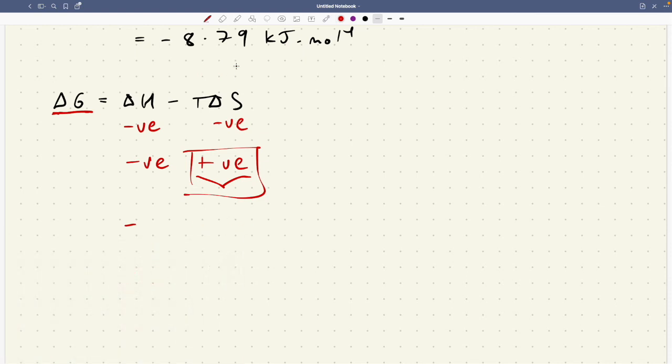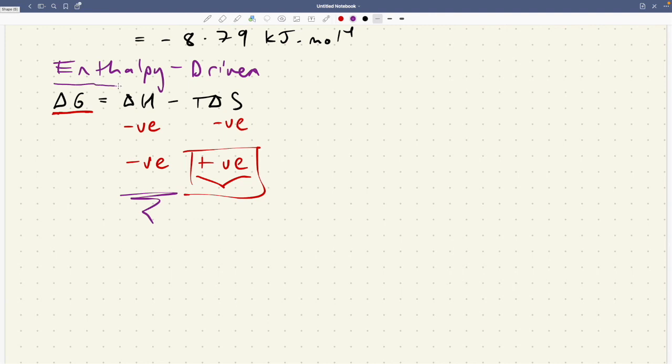However, the thing that is dictating if it's going to be spontaneous is the value of the enthalpy. This has to be a large enough negative number for it to be a spontaneous reaction. So if this is going to be a spontaneous reaction, it's going to be determined by the enthalpy of that reaction. So we could say that this is an enthalpy driven example here.